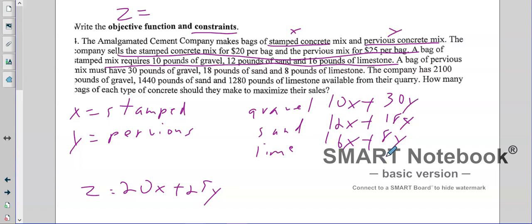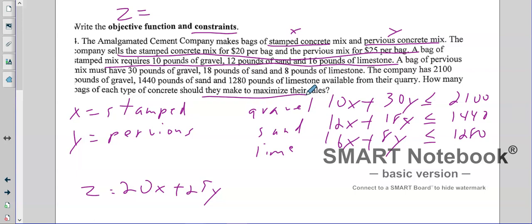The company has 2,100 pounds of gravel, 1,440 pounds of sand, and 1,280 pounds of limestone. That's the most they have, so each of these is going to be less than or equal. And then we're going to look for what's going to maximize. And that's going to be the next lesson when we put this all together, days 1 and 2. Okay?